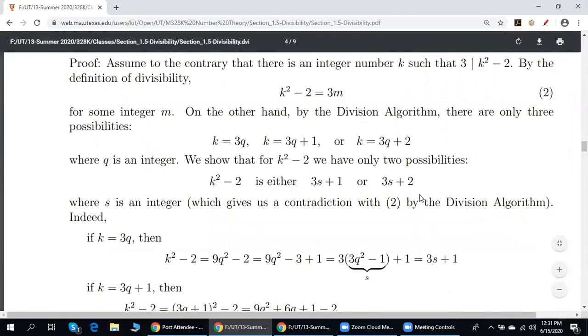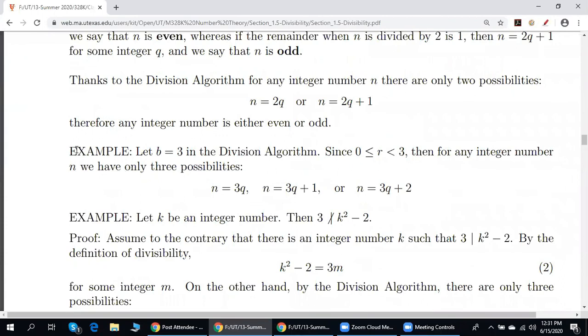It's exactly how we come up with this result. If r is equal to 0, n is 3q. If r is equal to 1, n is 3q plus 1. If r is equal to 2, n is 3q plus 2. And by the division algorithm, there are no other possibilities. Was that your question? Yeah.